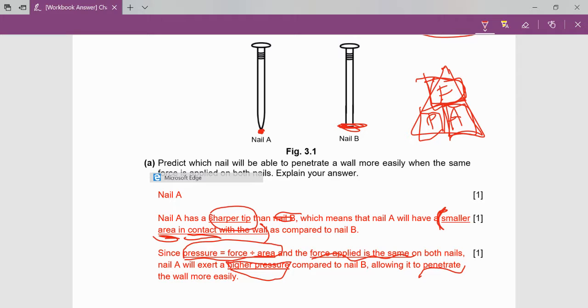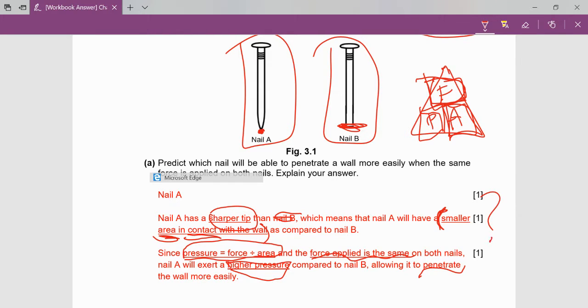So your answer has to be explaining with regard to the nails. You cannot just tell me a very general answer like the higher the surface area, the smaller the pressure, the smaller surface area, the larger pressure. Then I'll say question mark and put an arrow. So why? How is it related to the nails? Then you must explain.